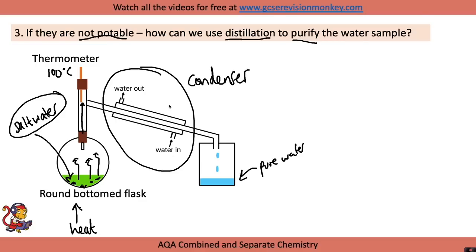So the condenser is kept cold by this cold water going in and around the glassware. It doesn't mix with what's in the middle, it just goes around the glassware to keep it cool. And as the water vapour comes in here, it is then condensed into a liquid and then it will collect as pure water in the beaker.